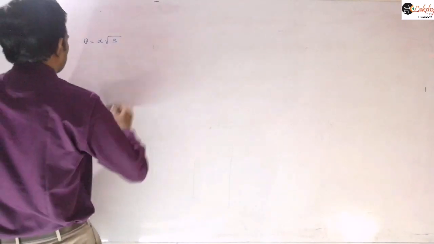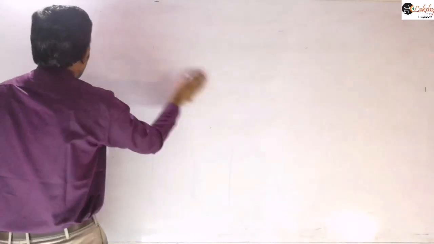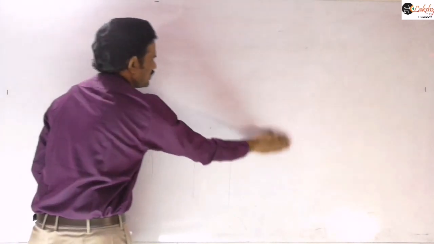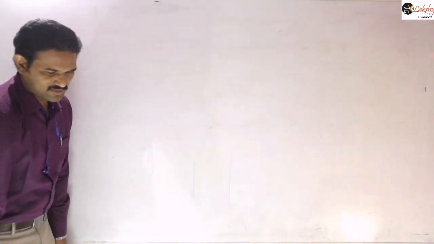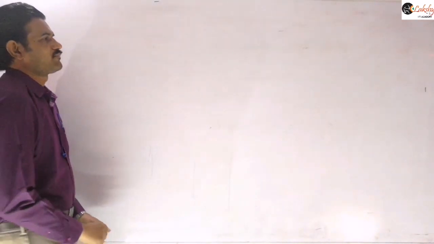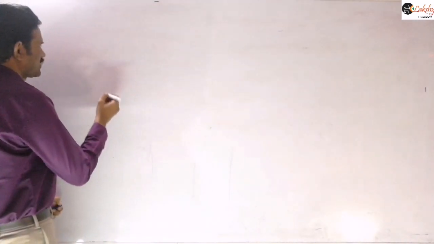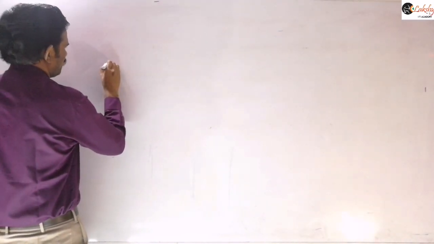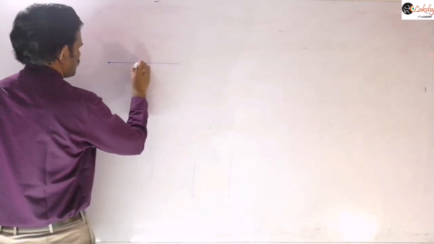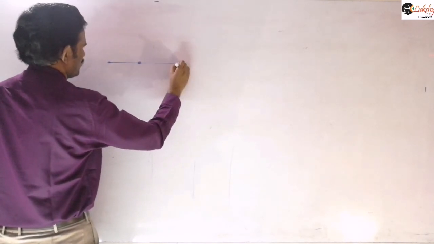Next here, based on this another problem will be there. Sometimes they will give a horizontal circle, and in that horizontal circle, let us say here one particle is there and here another particle is there.